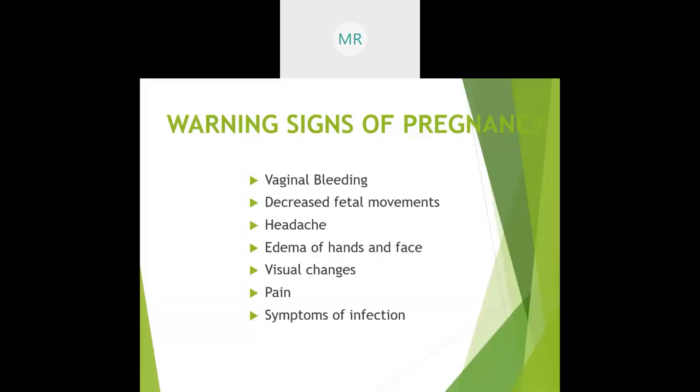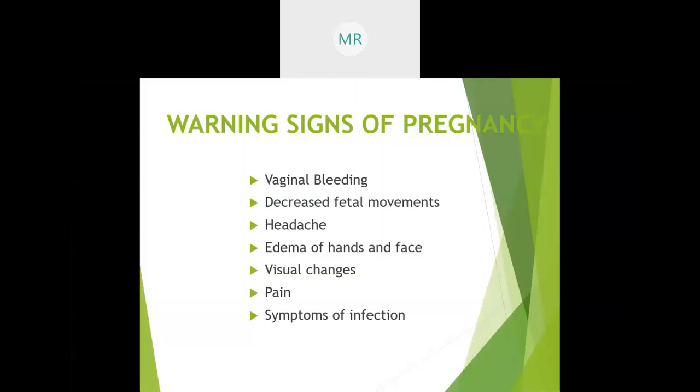Abruptio placenta is premature separation of the normally implanted placenta, and that's very painful. Then we can also have placenta previa, which is placenta that's implanted in the lower uterine segment.